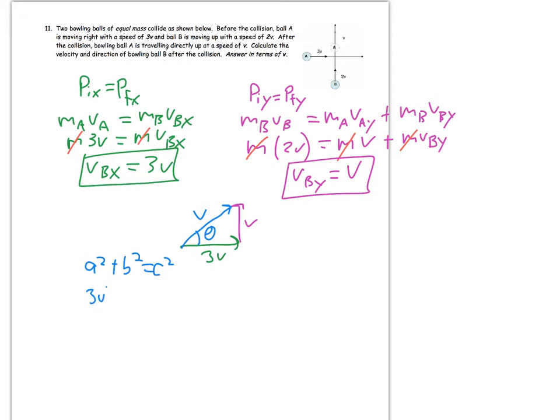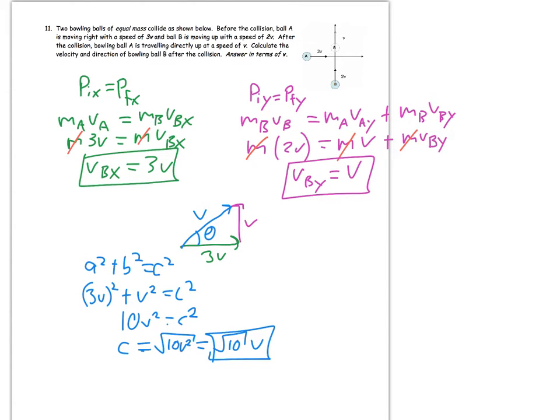So I have 3v squared plus v squared equals c squared. I ultimately get 10v squared equals c squared, which means that c, that hypotenuse, is going to be the square root of 10v squared, or I could pull out that v, and it would just be the square root of 10 times v, with v outside the root.